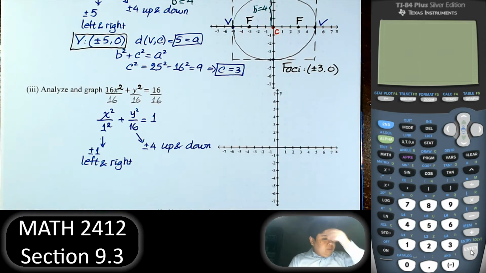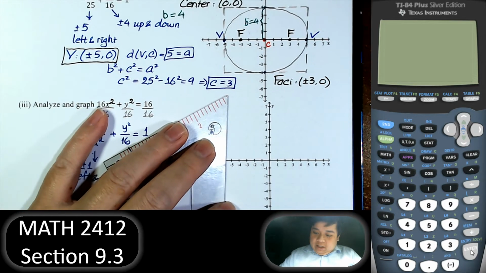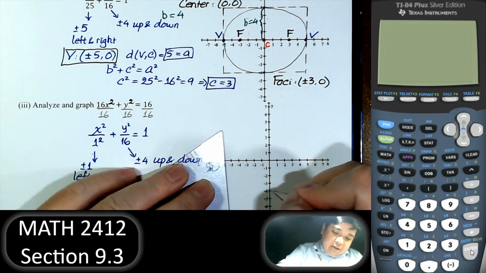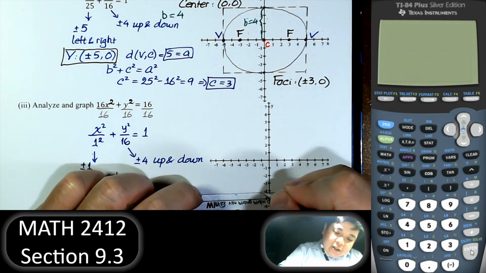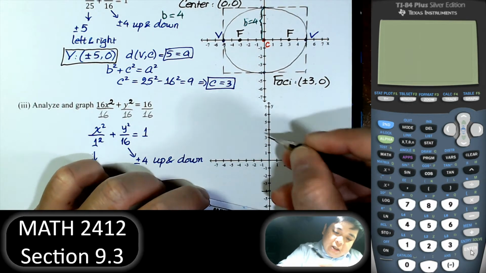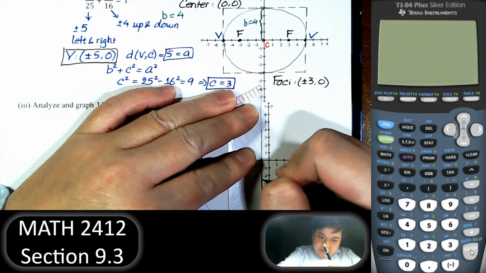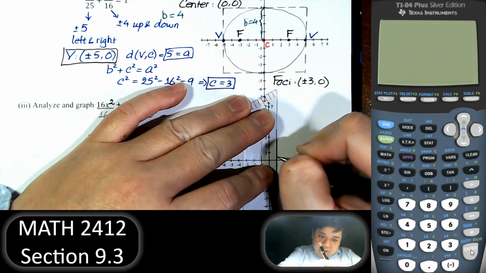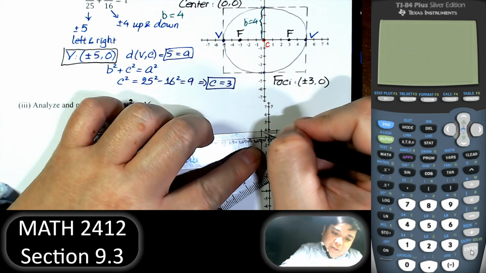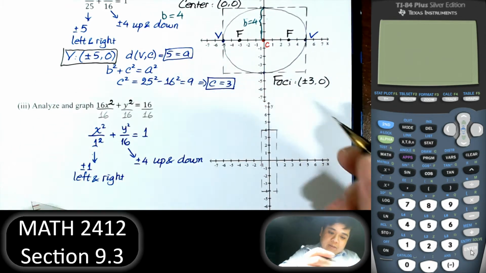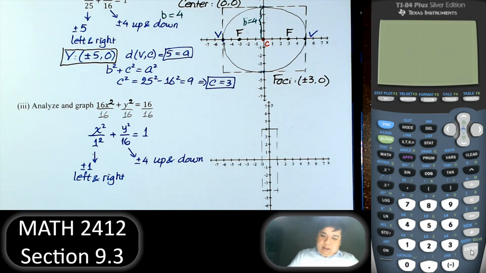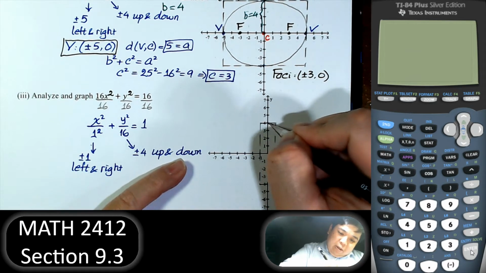So actually there we have the graph already. 4 up, 4 down, 1 left, 1 right. So we have the box, and the ellipse, of course, inside that box.